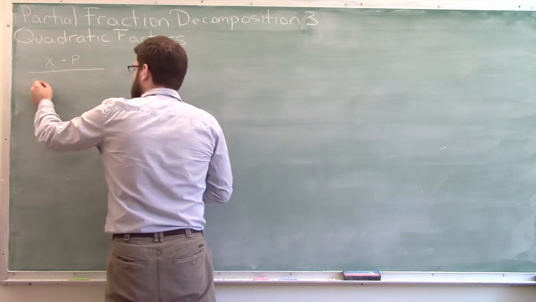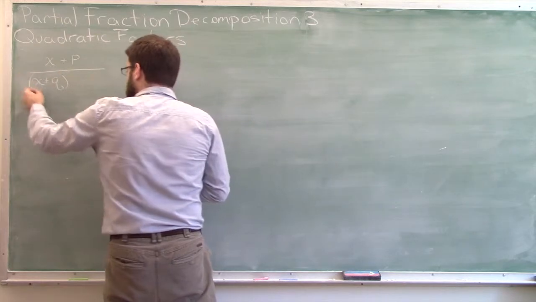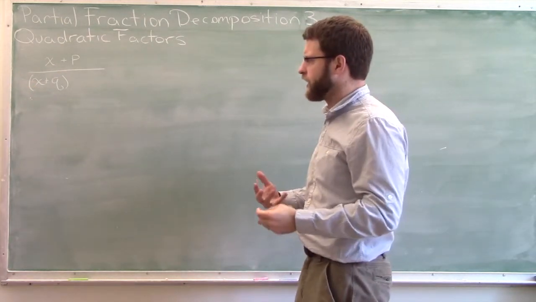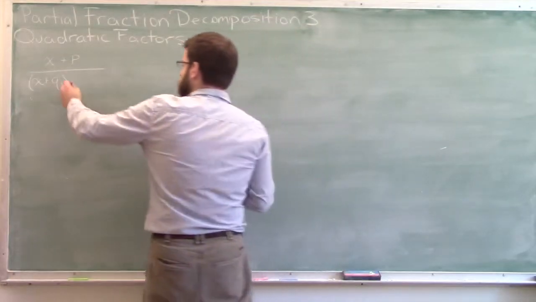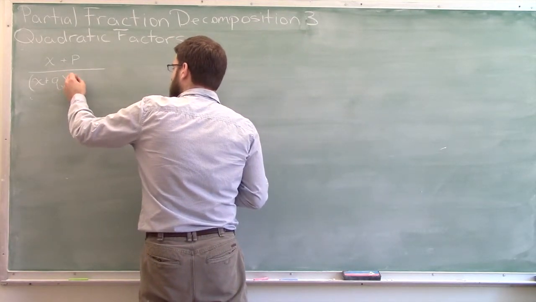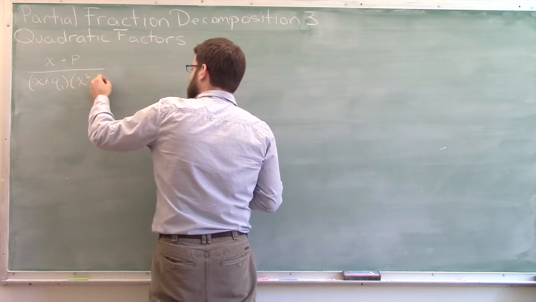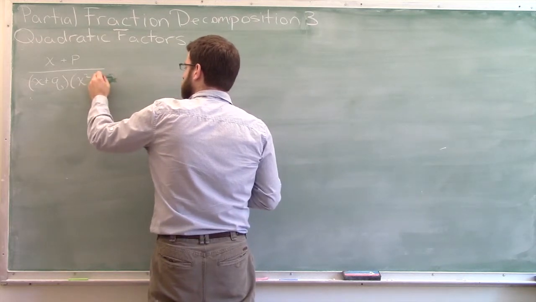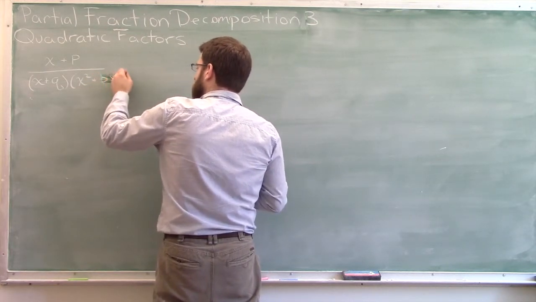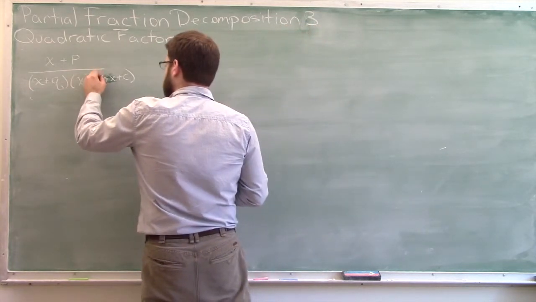And in the denominator we have perhaps a linear factor, x plus q, and then a quadratic factor which we're going to say has no real roots, can't be factored any further. So we'll just write that in general form, maybe x squared plus little bx plus c. And we'll say that that doesn't have any real factors, okay?